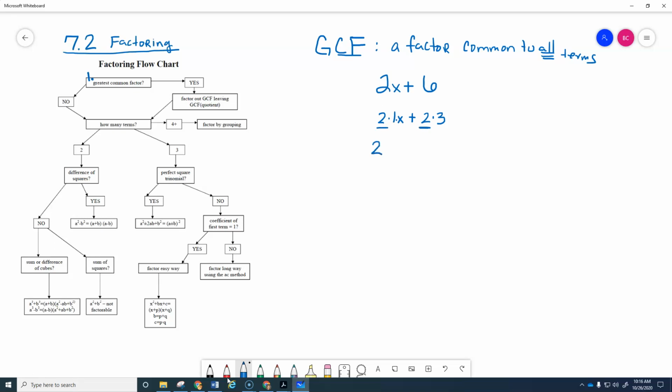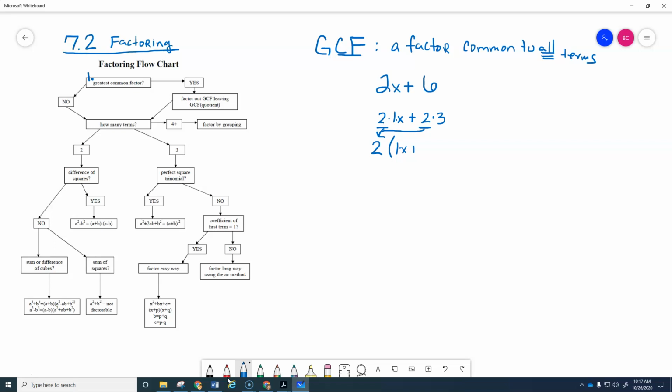So you write the 2 down, and then you open a set of parentheses and you write down the terms that were left. So right here, you're going to write down the 1 times x because it was left, not including the 2. This 2 and this 2 come here. Okay, we just write the 2 down, and then we're going to write what's left.